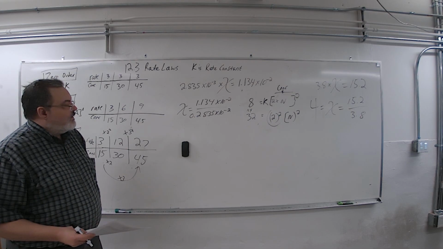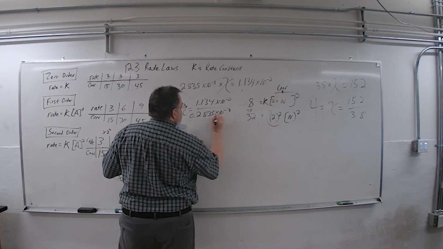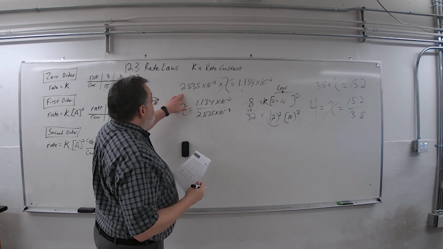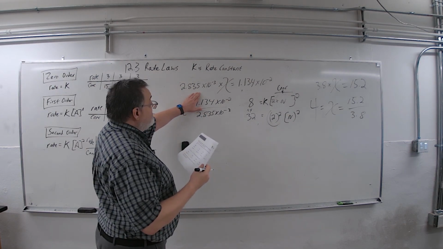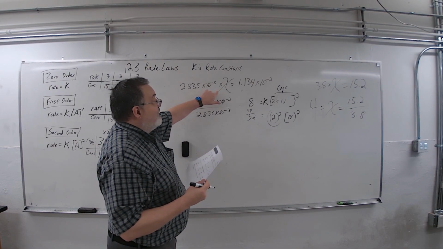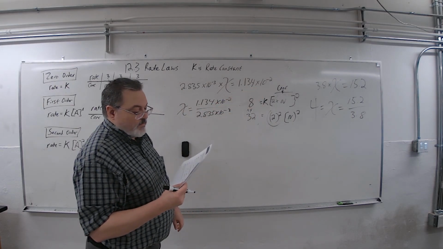How did you get 0.2? I changed this. Let me change it back. 2.835 times 10 to the negative 3 is what's in the bottom of column 1. And 1.34 times 10 to the negative 2 is the next one in column 2.